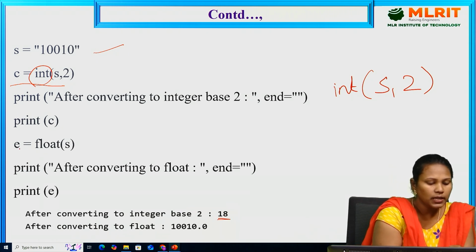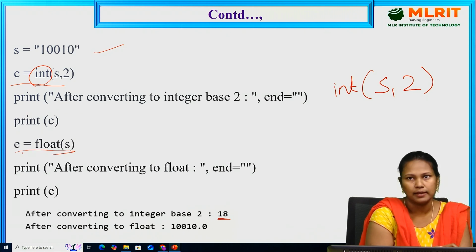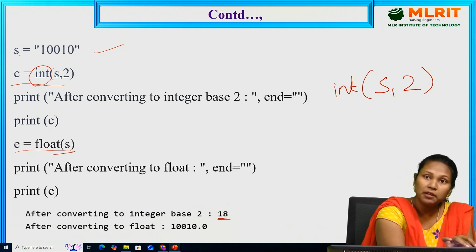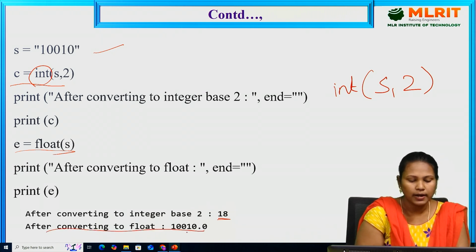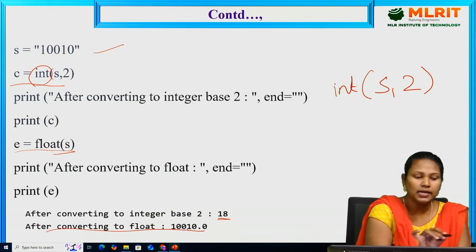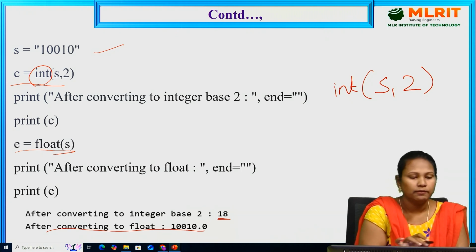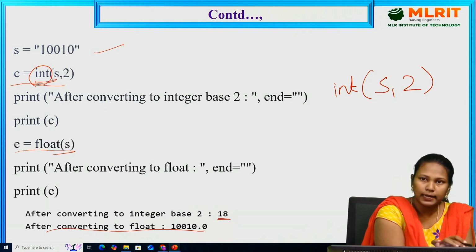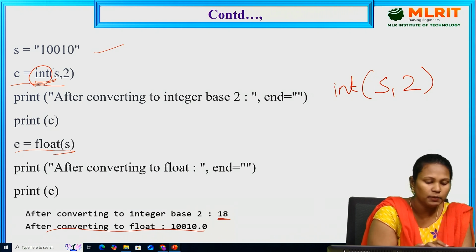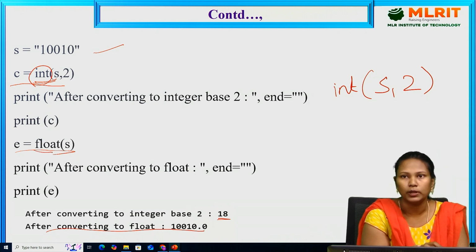The next one, e is equal to float of s. I am converting the string value to float, which adds the point values. After converting to float, 10010.0 means we are converting the string to float type. By using int, we convert to the integer type, and by using float, to the float type.